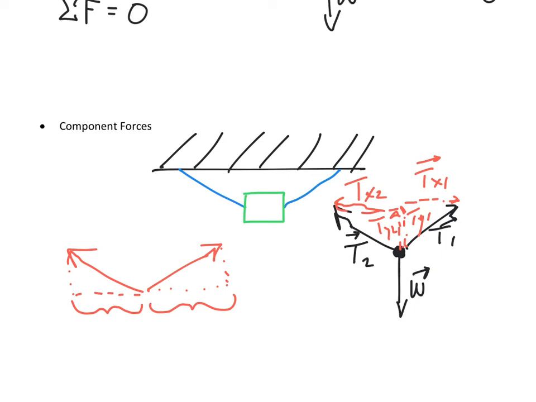So what we have is TX2 plus TX1 equals 0, and that is the sum of the forces in the x direction. TX1 plus TX2: one is positive, one is negative. They add up to 0.